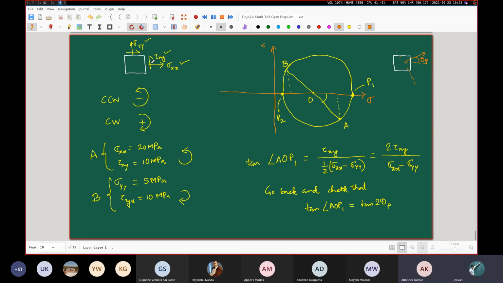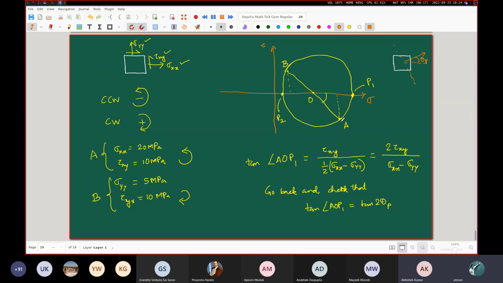In the physical plane, this is the x-axis and this is the y-axis. They are tilted to each other by an angle of 90 degrees. All right, so the theta between them is 90 degrees. But in this geometrical plane, this point A represents the state of stress on this plane, and this point B represents the state of stress on this horizontal plane.